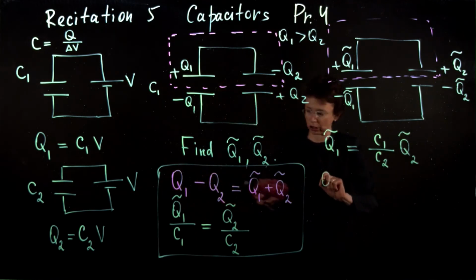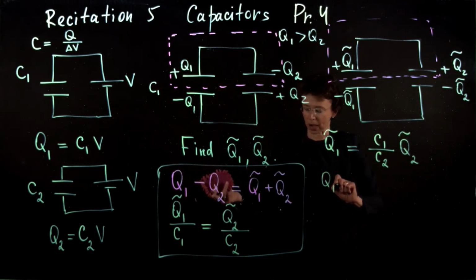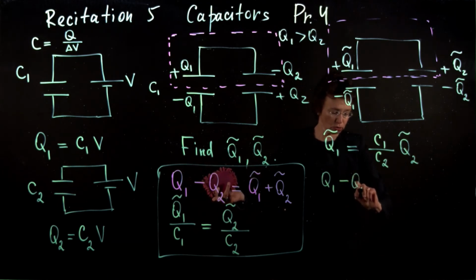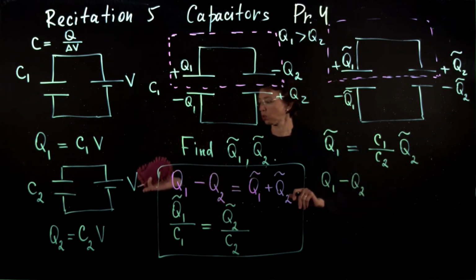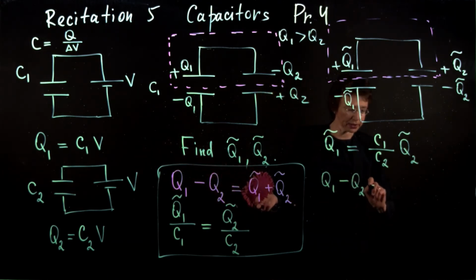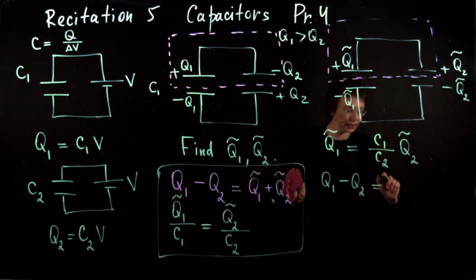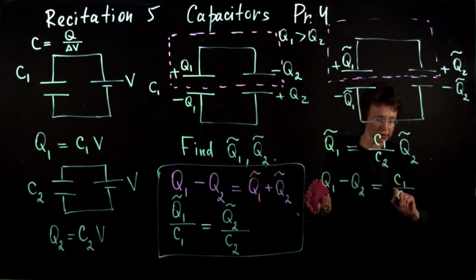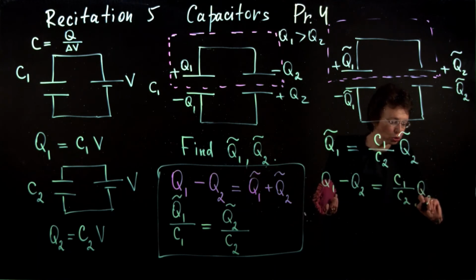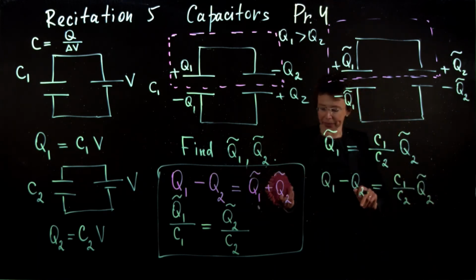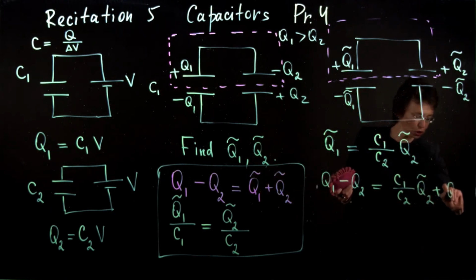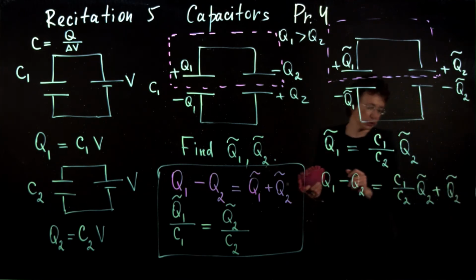So I have Q1 minus Q2, both are given, and this is equal to Q1 tilde, which is C1 divided by C2 times Q2 tilde, and then plus Q2 tilde.